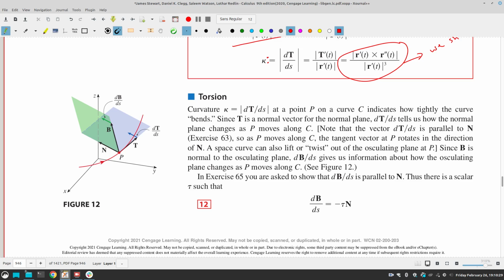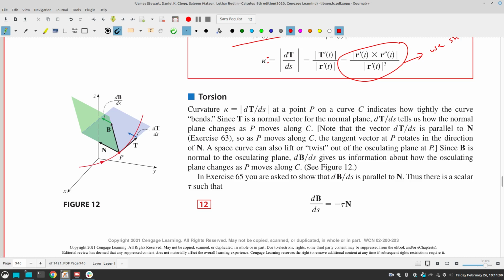Now, T is a normal vector for the normal plane, meaning T is normal to this green plane over here. So the tangent vector at P rotates in the direction of N, right? The tangent vector is always moving in the direction of N, because dT over ds is parallel to N. So as P moves along C, the tangent vector rotates in that direction.